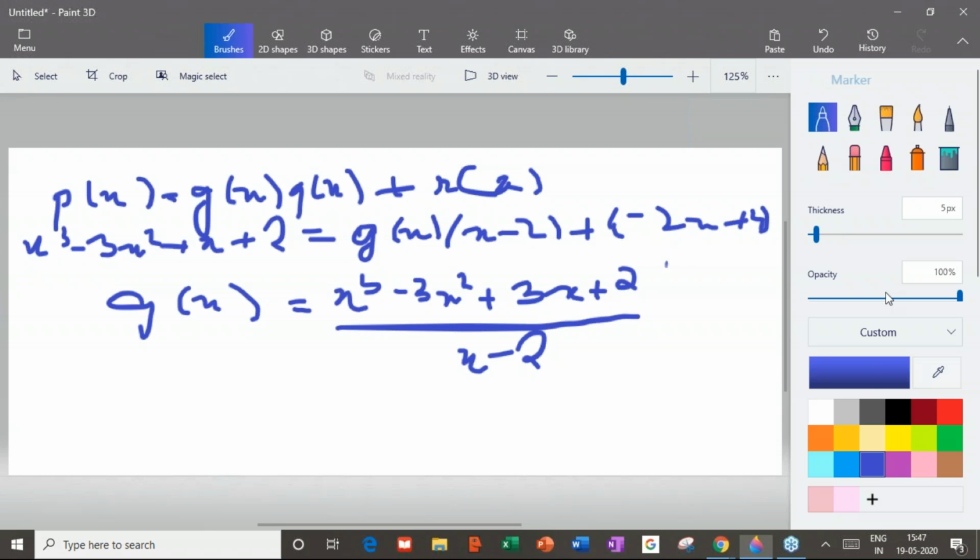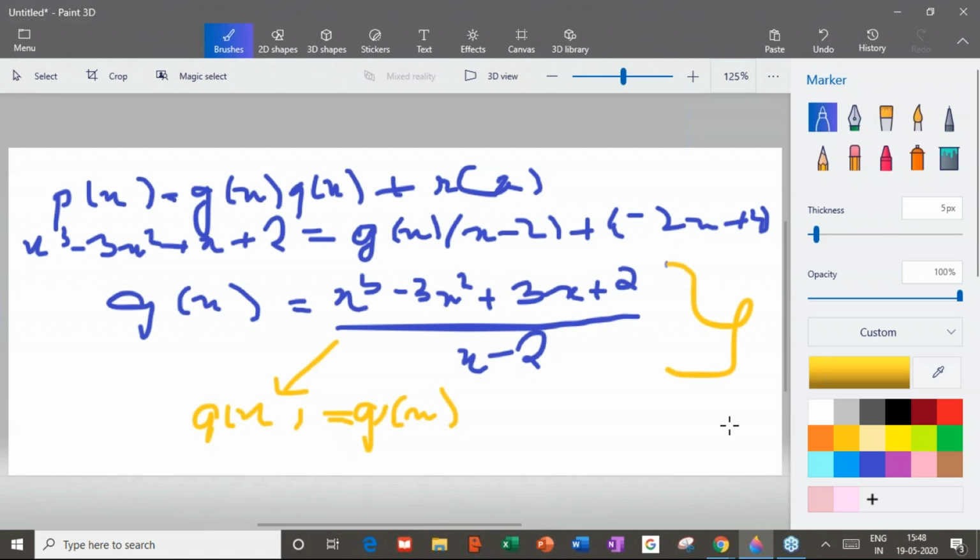You need to divide the numerator by the denominator using the division method, and then you'll obtain the quotient. The quotient that you obtain, the q of x of this division, will be nothing but g of x. G of x. Okay, now solve.